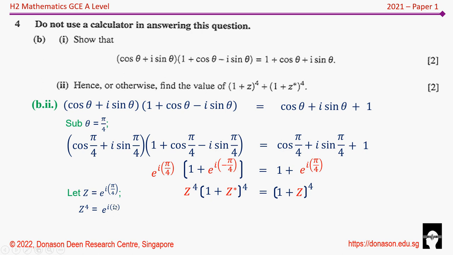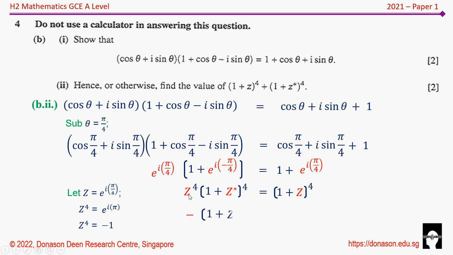When the argument becomes pi, z to the power of 4 is simply negative 1, because cosine pi is negative 1, sine pi is 0, so there is no imaginary component, only a real component, which is minus 1. So we're going to replace z to the power of 4 with minus 1, since it's a real number.